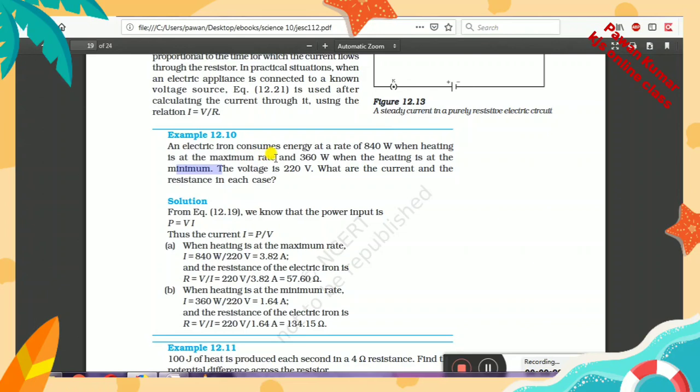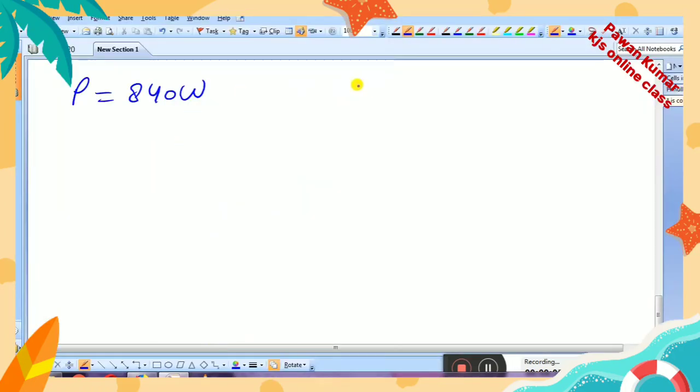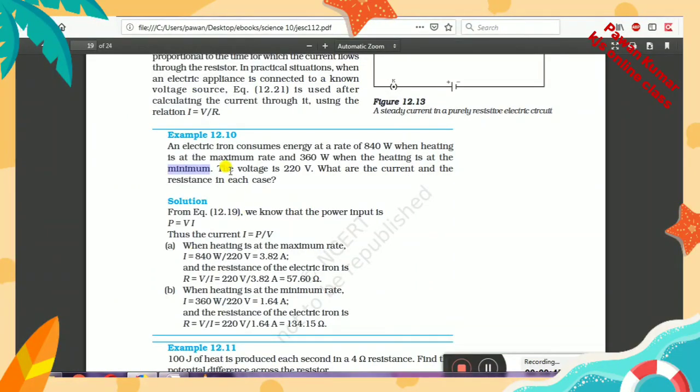Means two powers are given, one is 360, one is 840. This is minimum, this is maximum. So one is P max, one is P min.